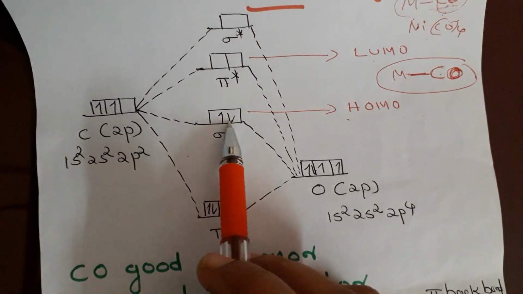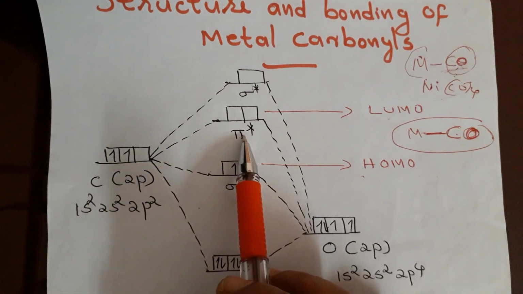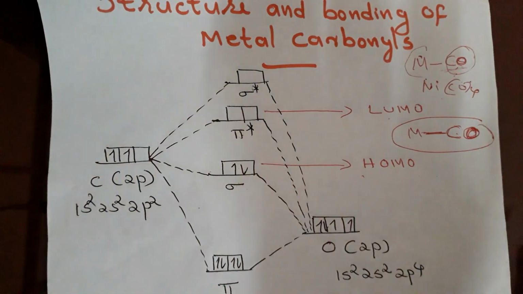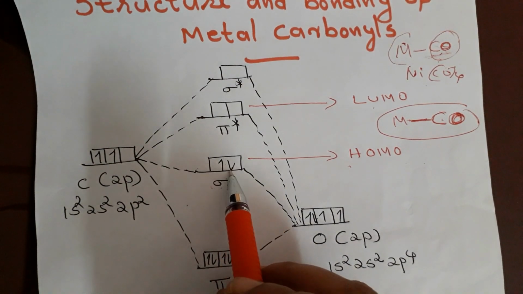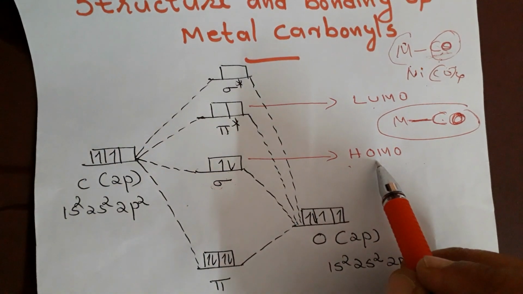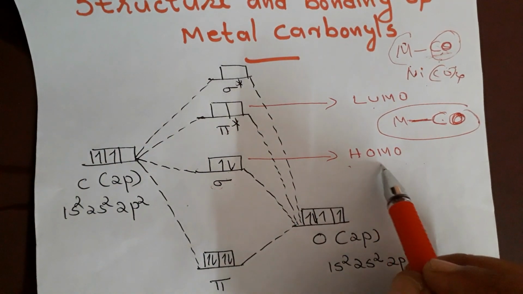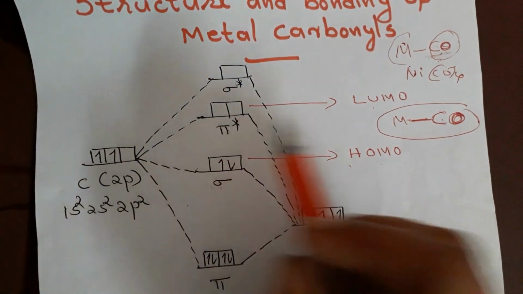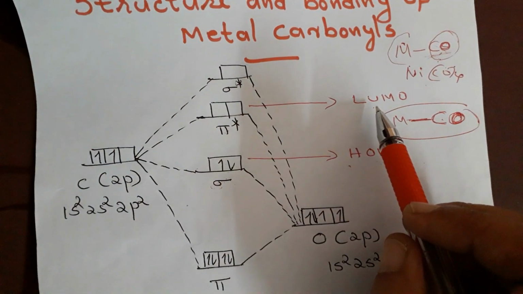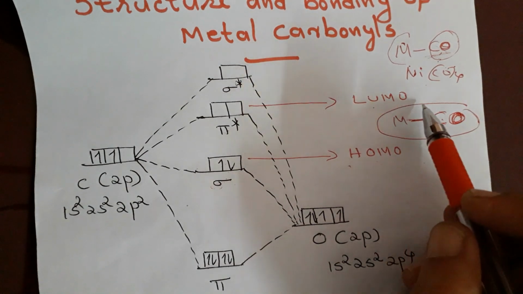Sigma 2pz is completely filled. Pi star is not filled, sigma star is not filled. Okay. So this sigma orbital is the HOMO, the highest occupied molecular orbital.